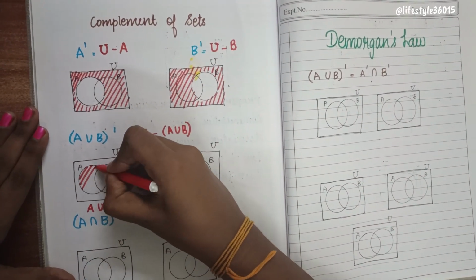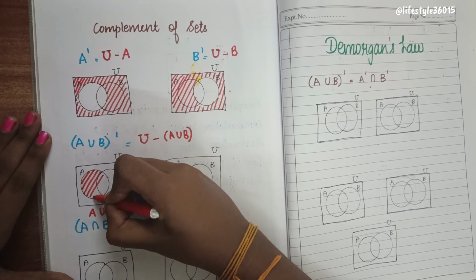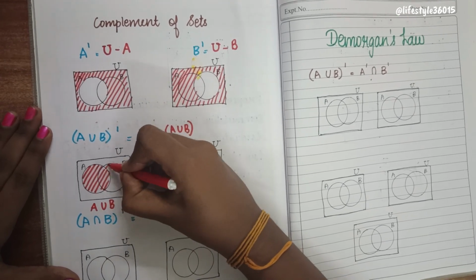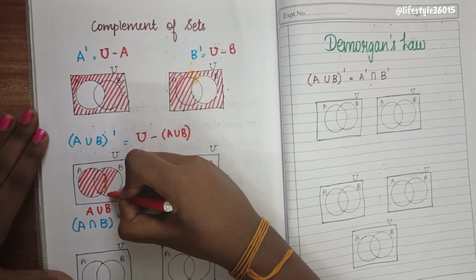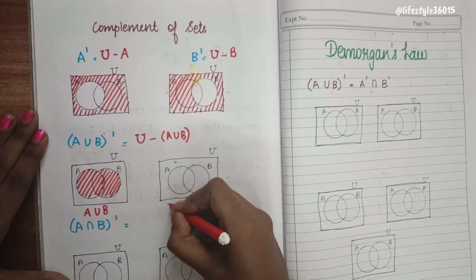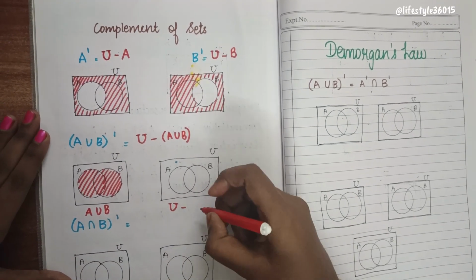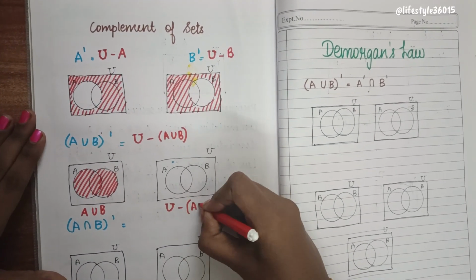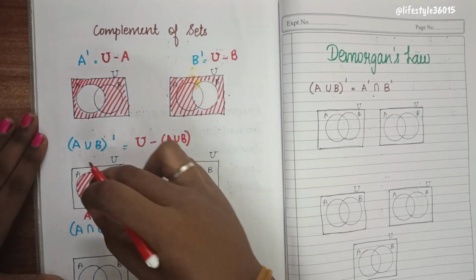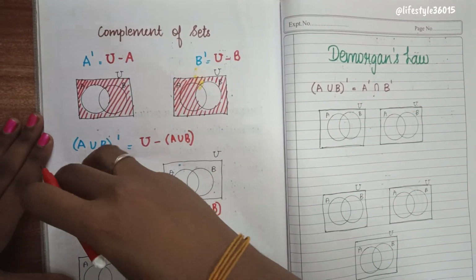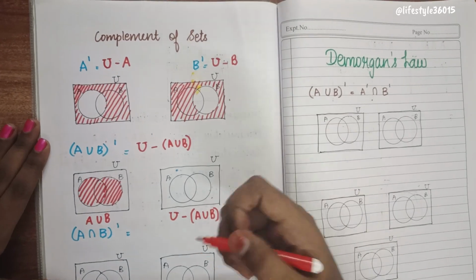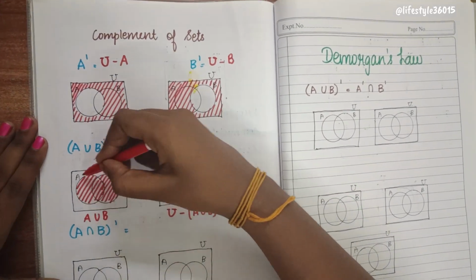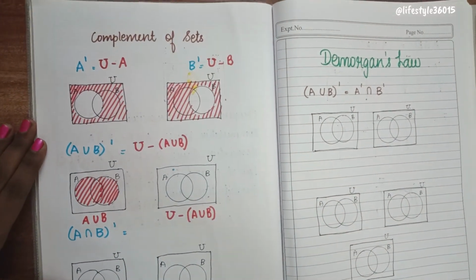We will shade both A set and B set. Now we are going to subtract A union B from the universal set. This region is A union B. When you are subtracting this region, what is the remaining region? Only the universal set is the remaining region, right?